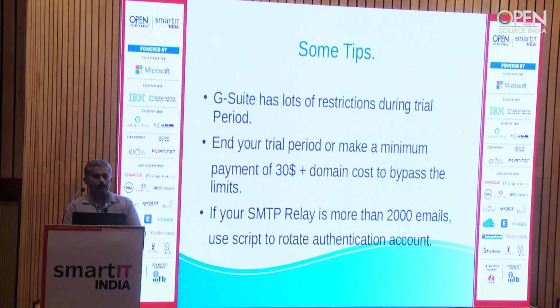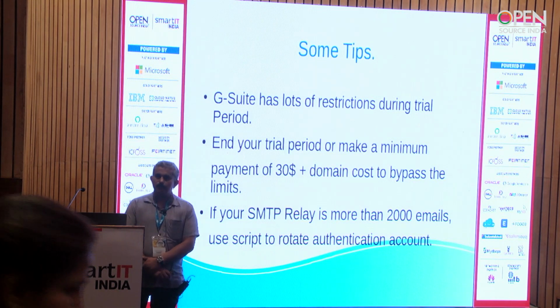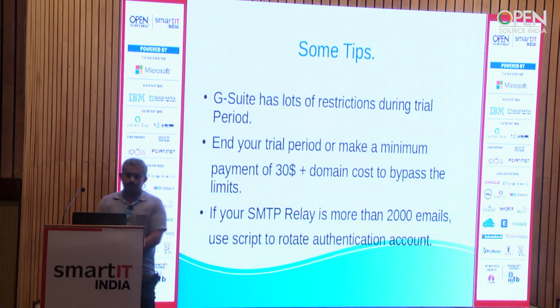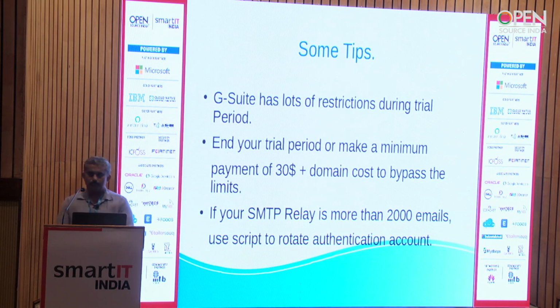Once you make the small payment, minimum $30, it internally considers the trial as over, and it will be a total production system. In production systems, SMTP relay is around 2000 emails per user account, and it is much below 500 during your trial period. So, during the trial period, you should not use your dual delivery options. That is very important.